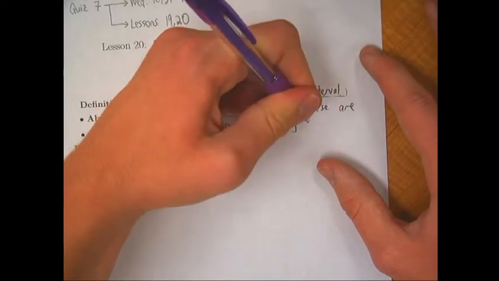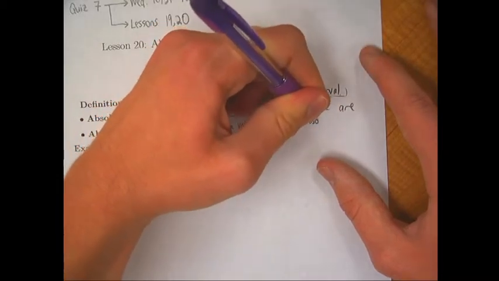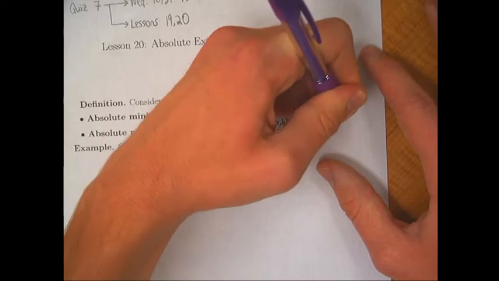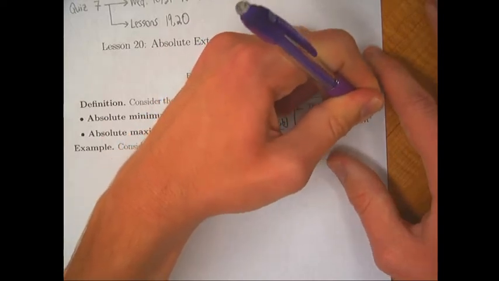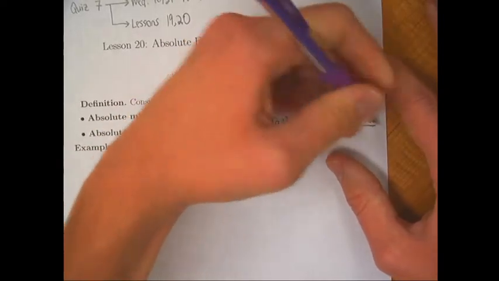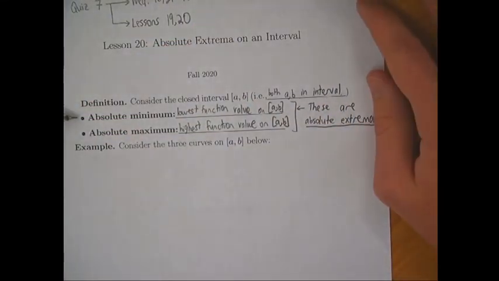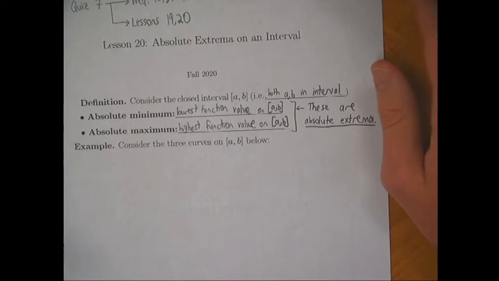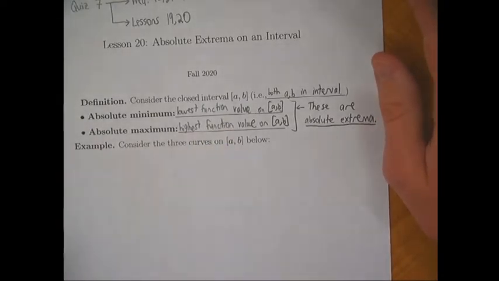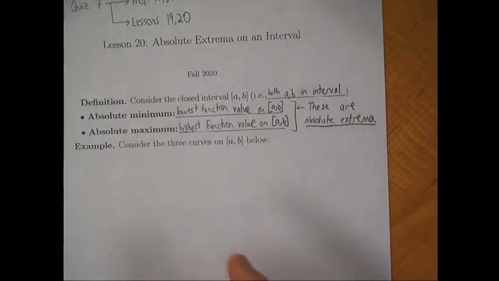Now the thing is that trying to find the absolute min and absolute max of a function on a closed interval is going to play out slightly differently than in the past, because before we could just consider the entire real line and then find relative extrema from that. But here we have to be a little bit careful with this.